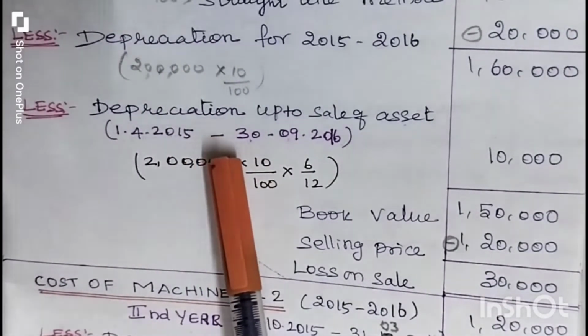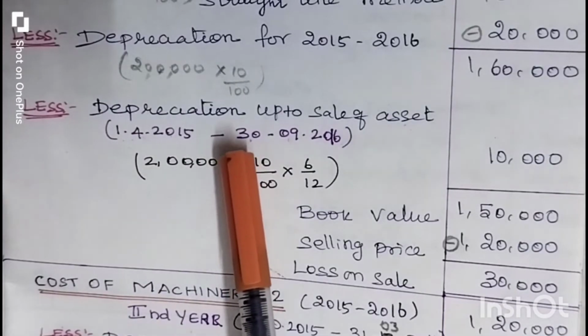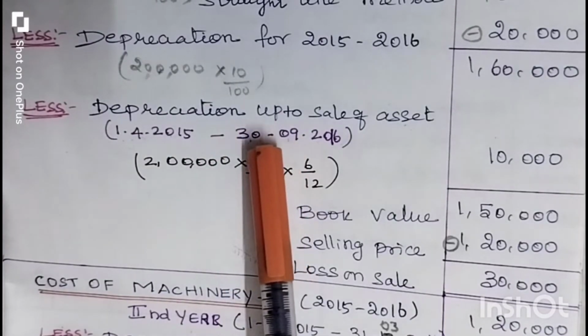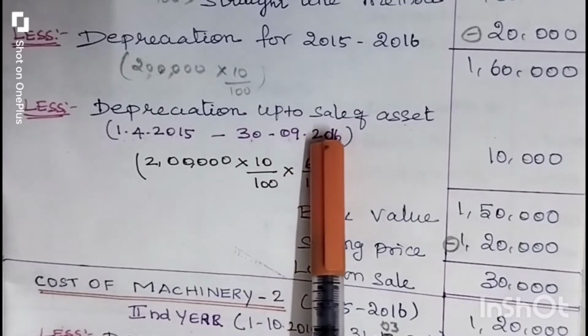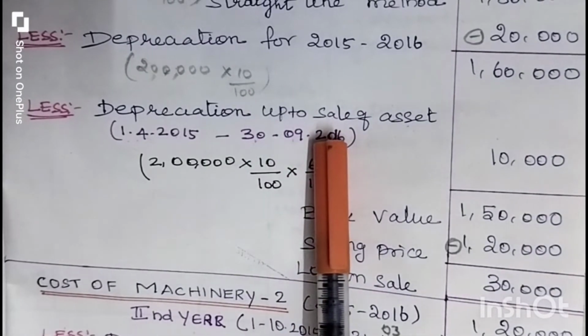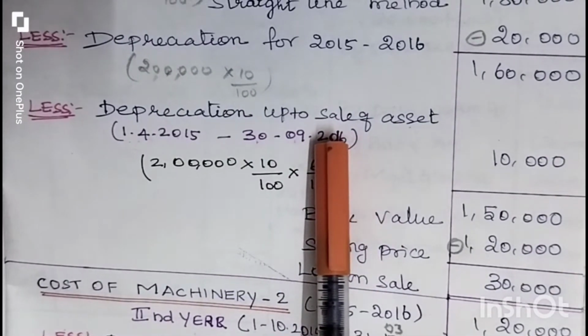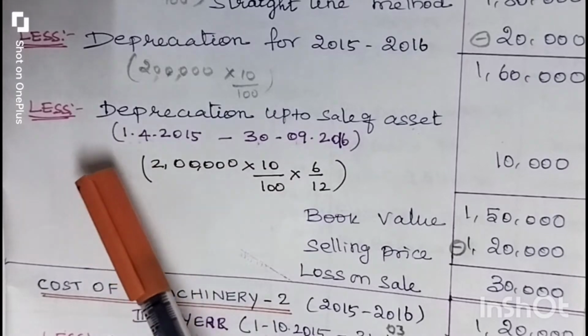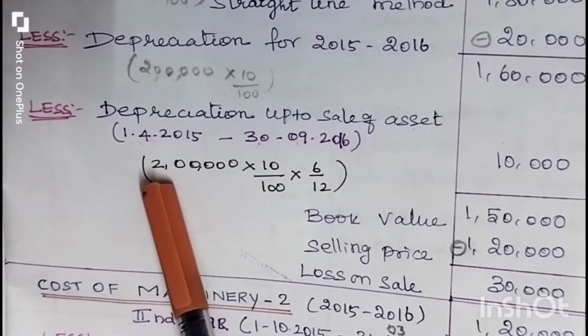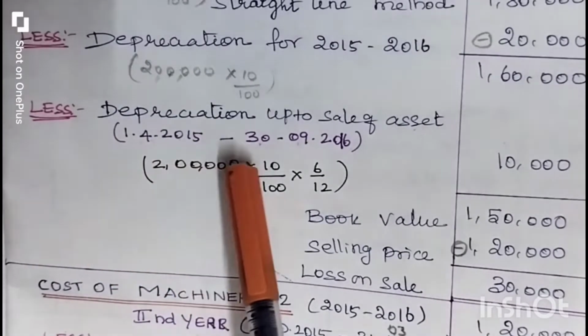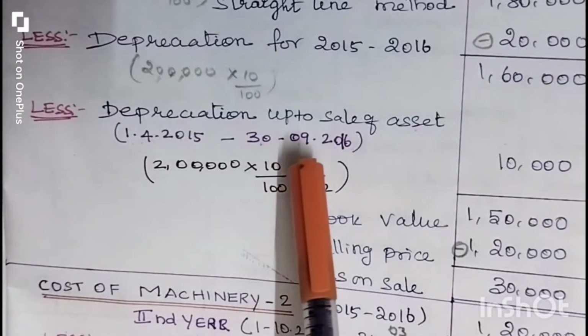When did they sell the asset? September 30, 2016. They sold machinery 1. So up to that date we have to provide depreciation. For that, find the depreciation on the original cost of 2 lakhs rupees at 10% into 6/12.